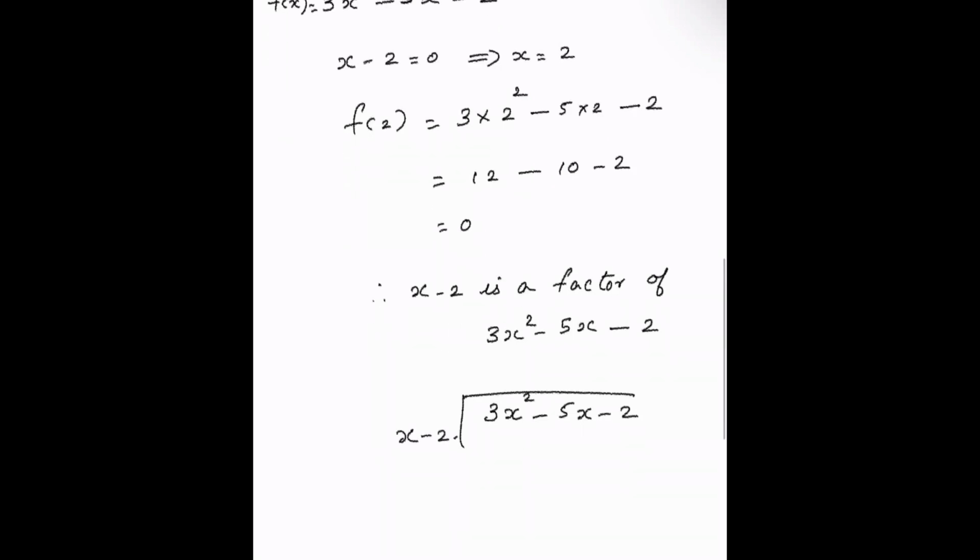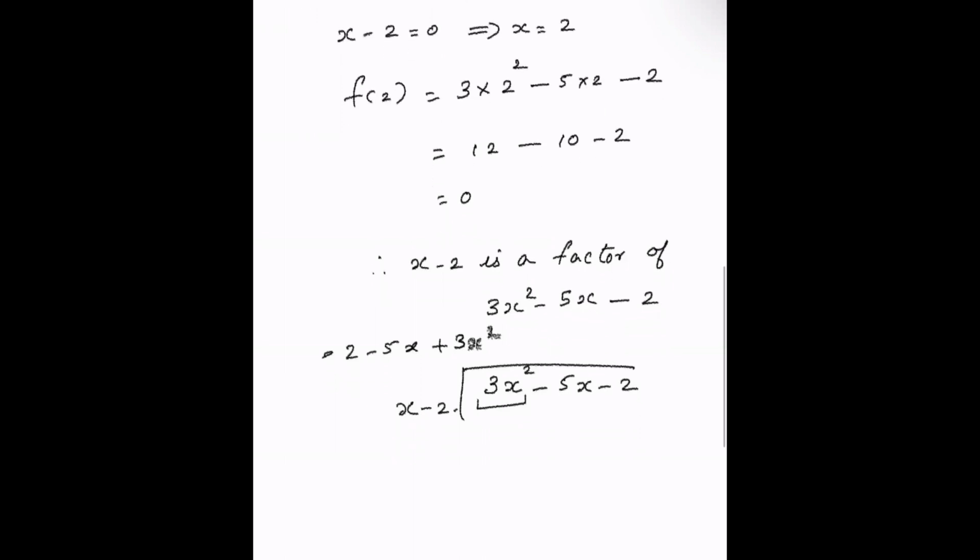So division, I have already told you, always take the first term, highest power of x. That is going to be your first term. If they have given it like this, like negative 2 minus 5x plus 3x square, you have to arrange it in such a way that highest power of x comes as the first term. That's how we generally do it.